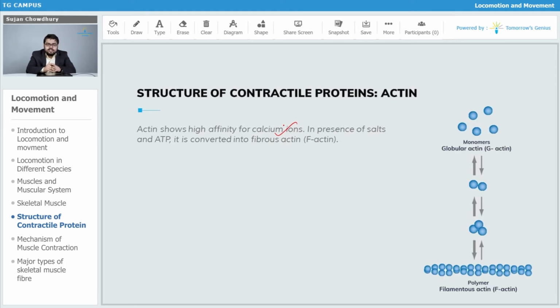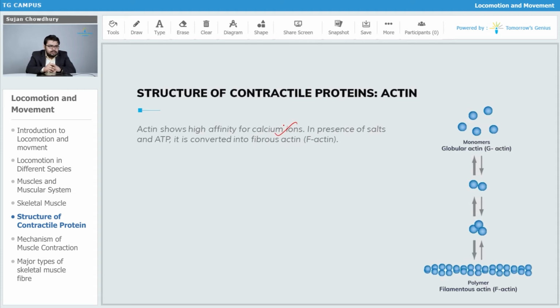For prolonged calcium deprivation or food deprivation, our bones demineralize to yield calcium into the bloodstream for maintenance of continuous supply of calcium. So actin, the thin filament forming component of muscle fiber, shows high affinity for calcium.